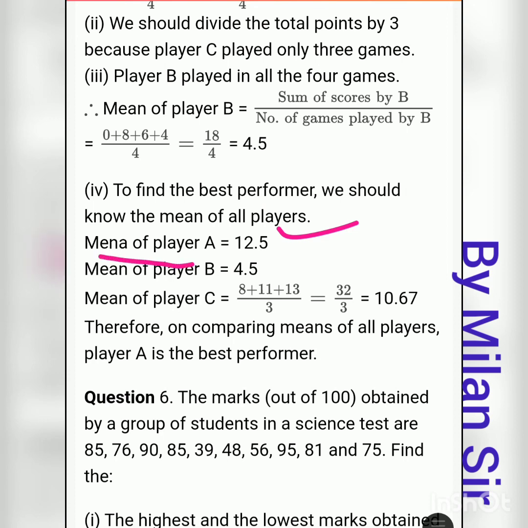That means player A. So we can say that player A is the best performer because his average is the highest. Therefore, on comparing the means of all the players, player A is the best performer.